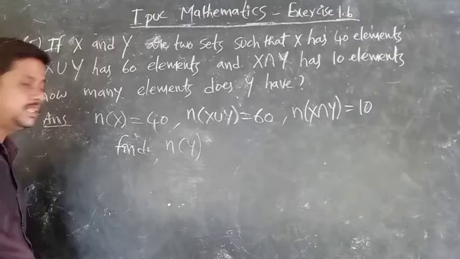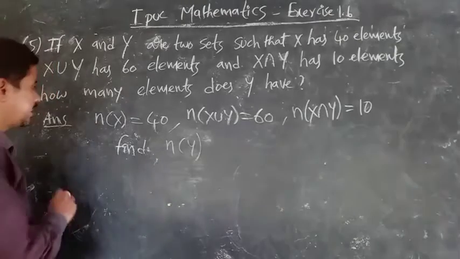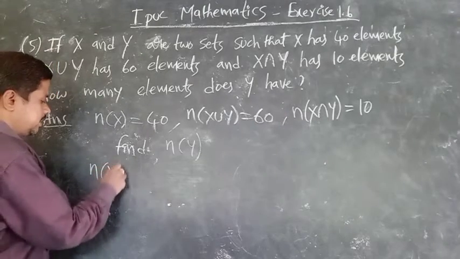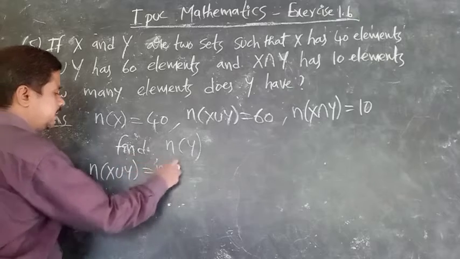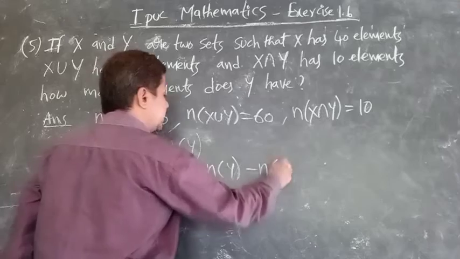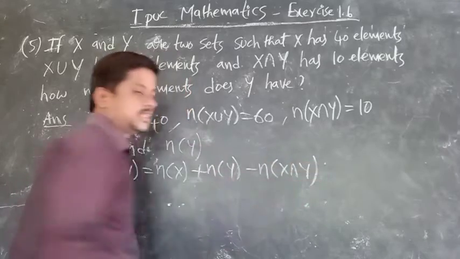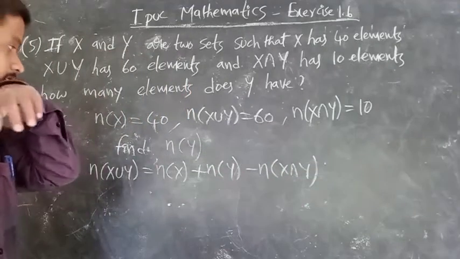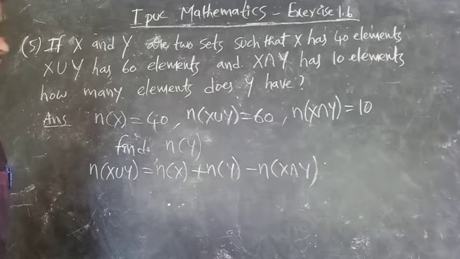Next, what is the formula? N of X union Y is equal to N of X plus N of Y minus N of X intersection Y. So this is the formula. Substitute all these values.